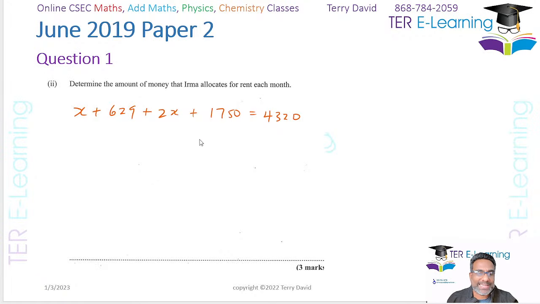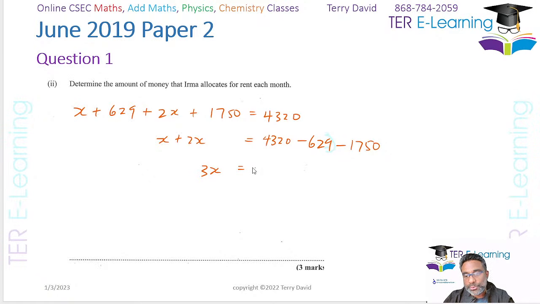So I'm going to keep all my x's on one side and carry all the numbers on the right hand side. So I'm going to have x plus 2x is equal to 4320 minus 629, because when we carry the 629 across, it becomes negative 629. You have to subtract the 1750 as well, right? So x plus 2x is going to give me 3x. And then I'm going to work out 4320 minus 629 minus 1750, and you're going to get 1941.